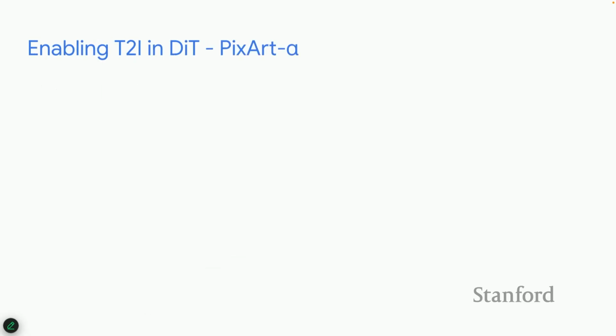Now I want to try to motivate what it would take to enable text to image generation in the standard diffusion transformer architecture, because I think it makes sense to approach the problem in that sense. What are the components that are missing in a standard diffusion transformer so that it becomes a tool for text to image generation as well?